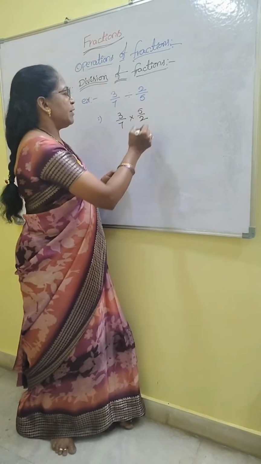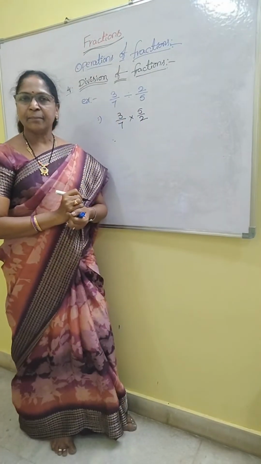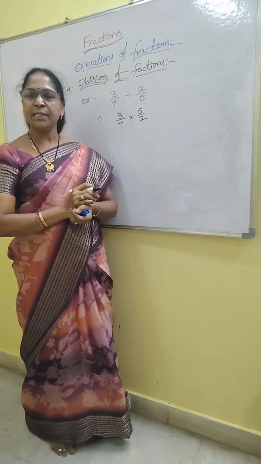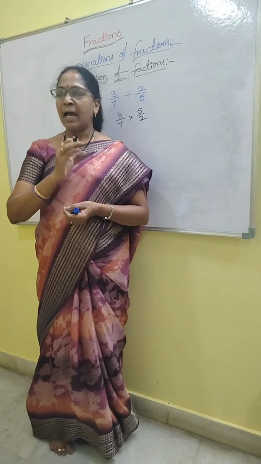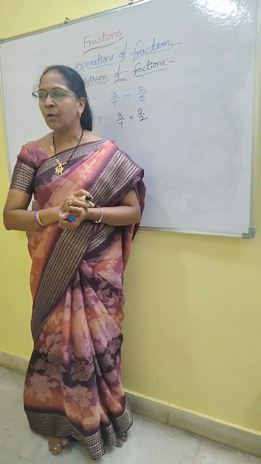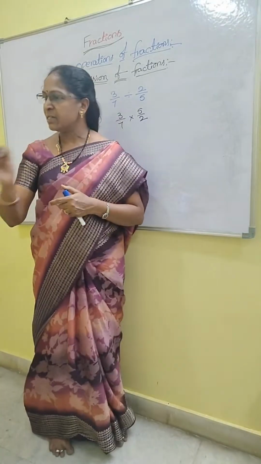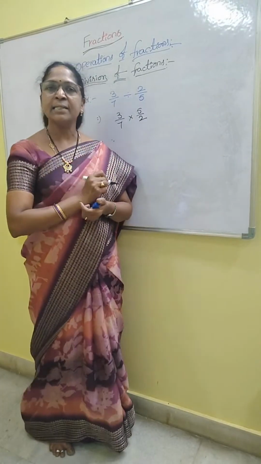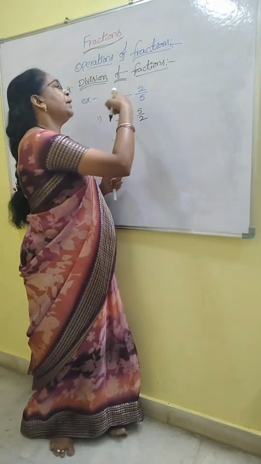Now 3 by 7 into 5 by 2. Now again, the multiplication of fractions here. Multiplication of fractions means, as I said, numerators should multiply as well as denominators. Otherwise, if any cancellation is possible, then you can cancel the terms, the numerator with the denominator or the denominator with the numerator.